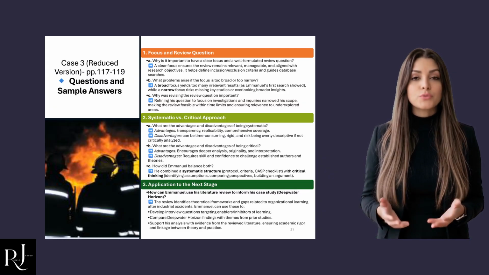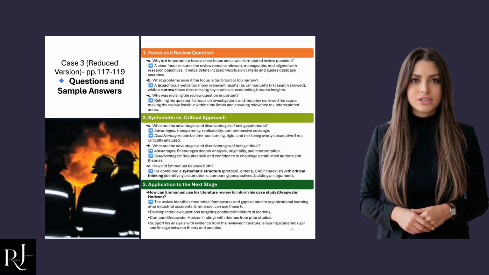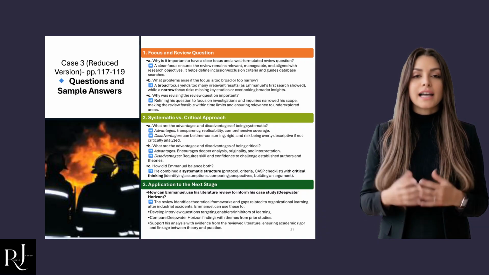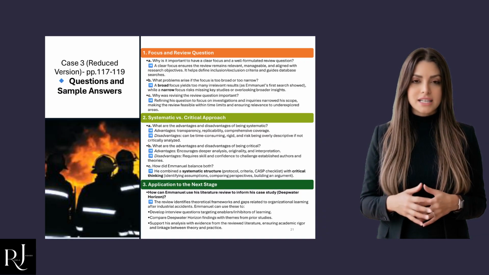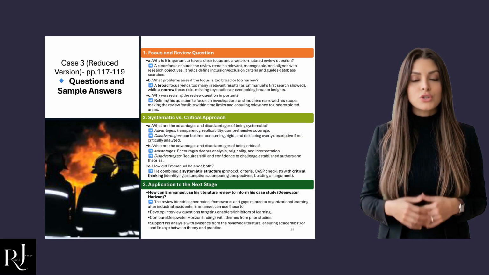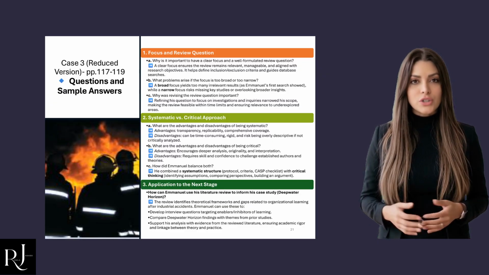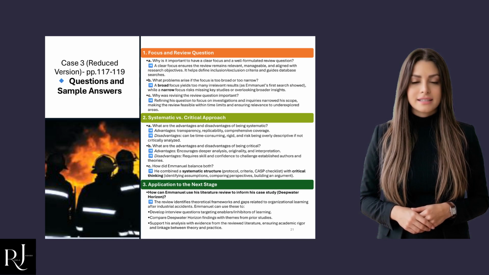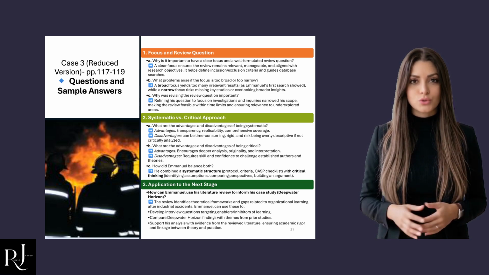The advantage of being systematic is transparency and replicability, while being critical encourages deeper analysis and originality. Emmanuel balanced both by using a systematic structure with critical thinking. You can use your literature review to develop interview questions and support your final analysis with evidence, ensuring a strong link between theory and practice in your own projects.